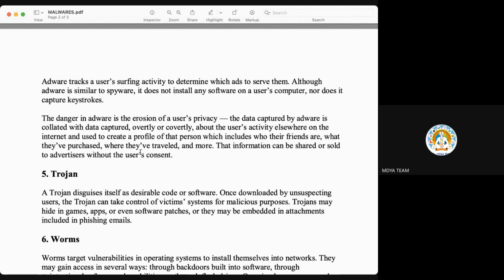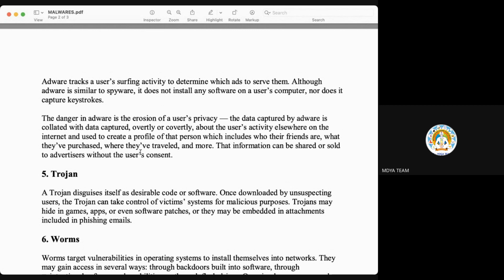The data captured by adware is collated with data captured covertly about the user's activity, and the information can be shared or sold to advertisers without the user's consent. So again, it may create a danger to your privacy.